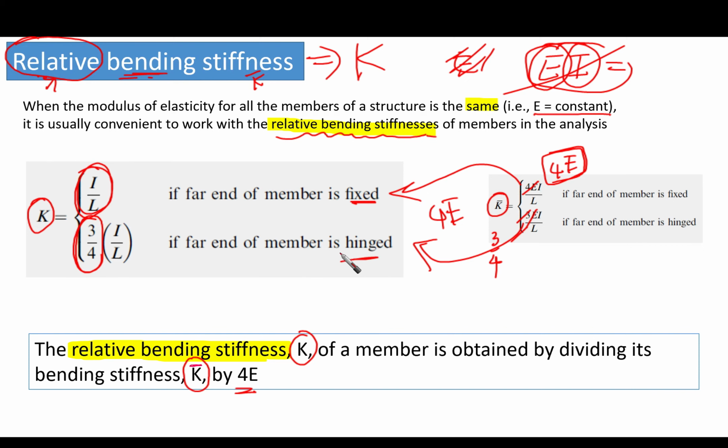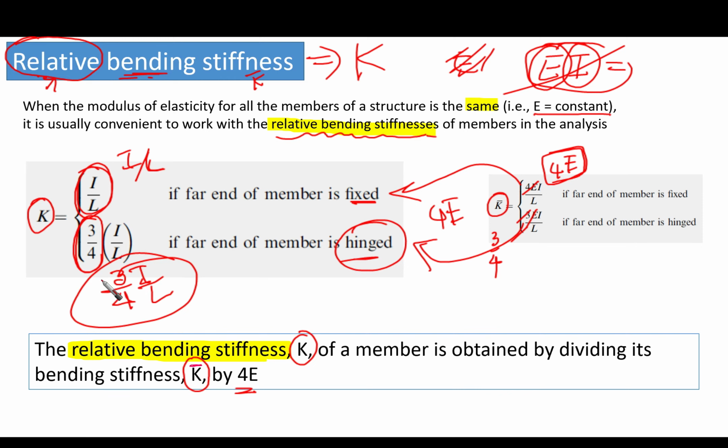So if the far end is fixed, it is I over L. However, if the far end is hinged, it is going to be 3/4 I over L.